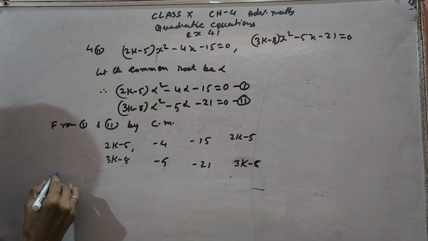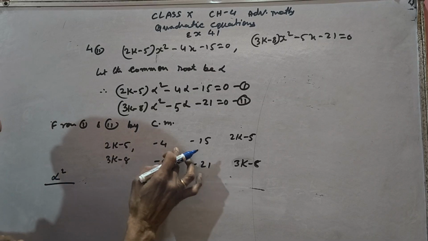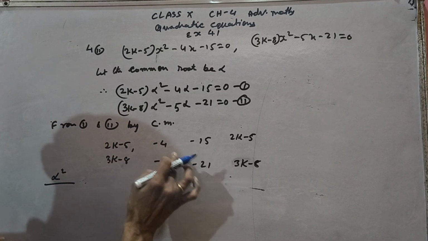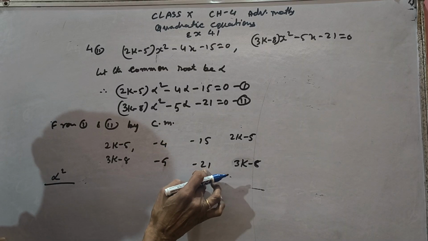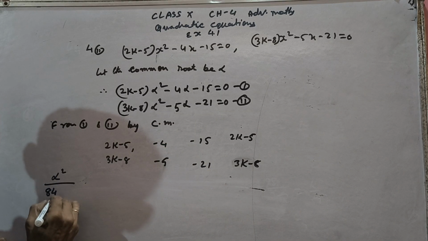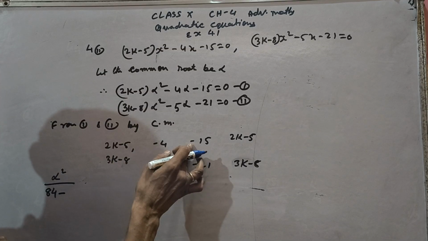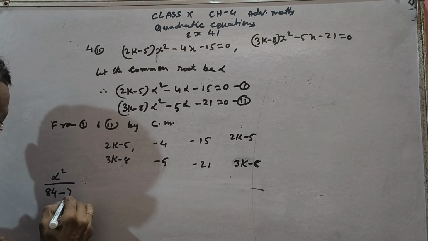First we will find alpha square by this into this, minus this into this. Minus into minus plus, 21 into 4 is 84. Minus this into this, 75.